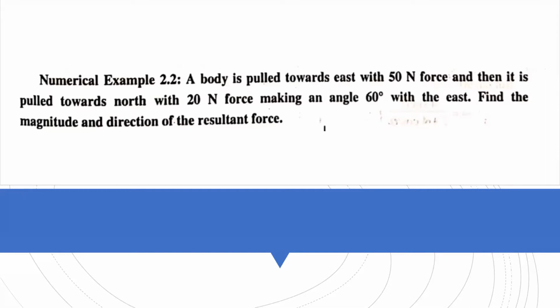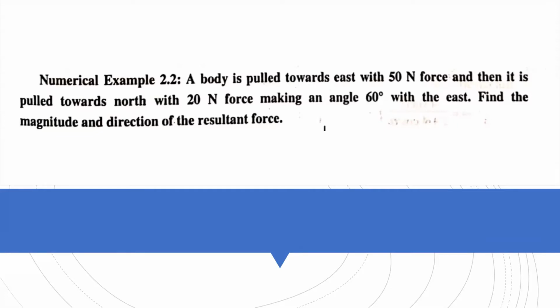A body is pulled towards east with 50 Newton force, right? So towards east, a body is pulled with 50 Newton force and then it is pulled towards north with 20 Newton force. So towards east, there should be 50 Newton force and towards north, 20 Newton force, making an angle 60 degree with the east.